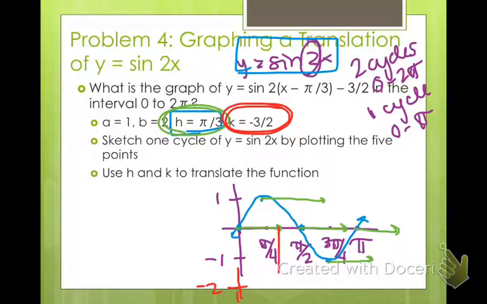So there's my new point, down 1.5. There's a new point, down 1.5. Down 1.5, down 1.5. So these are my new values. There. So this is a translation.